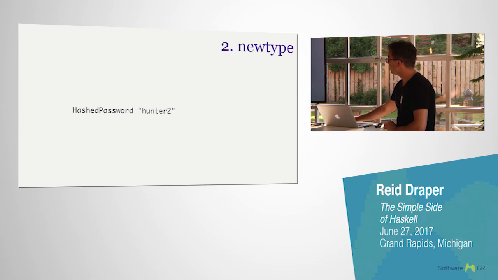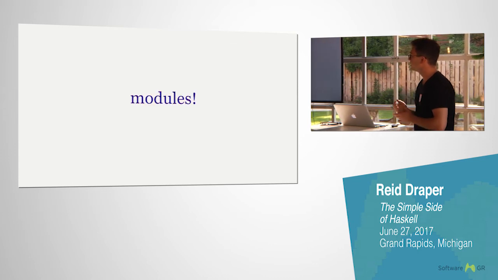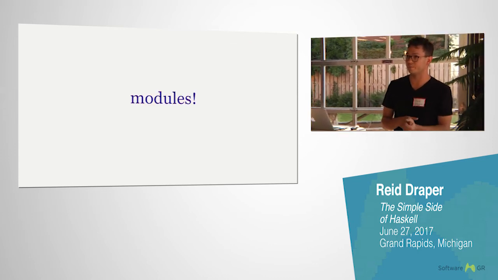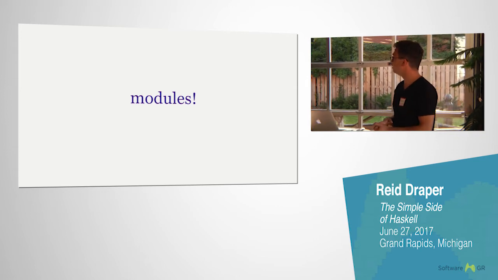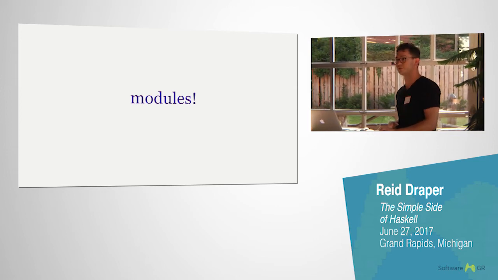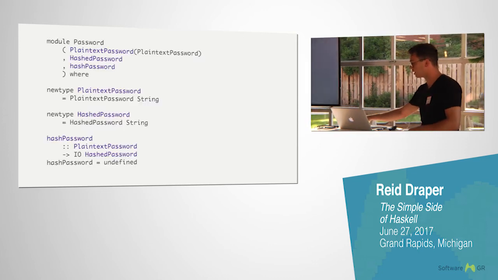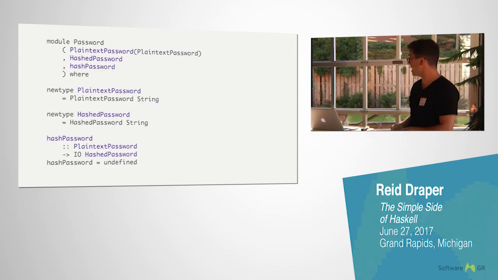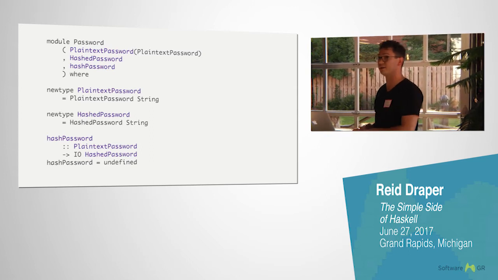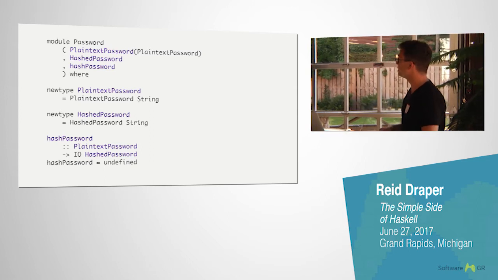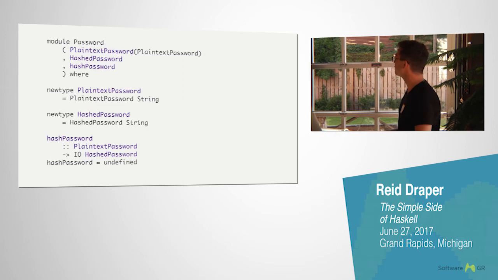And it turns out that there is a way of solving this with modules. A lot of this is very similar to object-oriented programming, or at least the promise of object-oriented programming. So this is a real Haskell module. This compiles and is pretty close to what you would actually write if you were doing this.